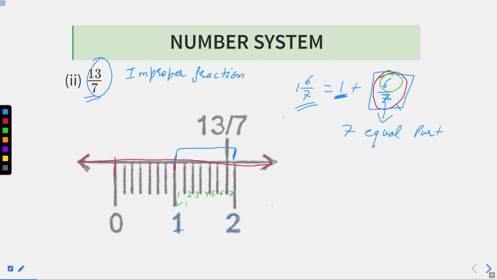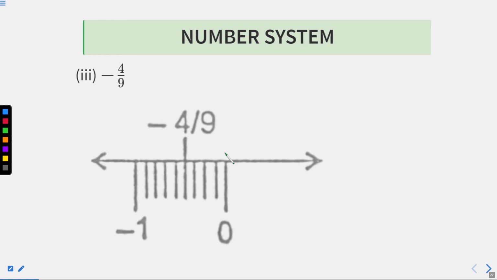So we want this one, this one, this one, this one, this one, and this one. So after getting these, we reach here, and this is our answer. So the 13 by 7 will be positioned here.